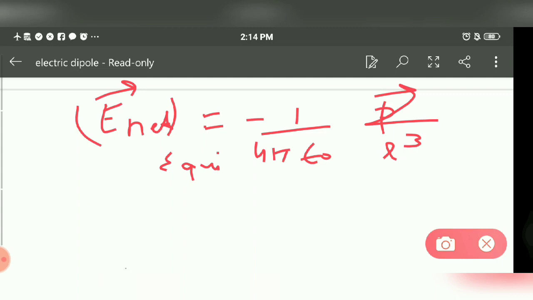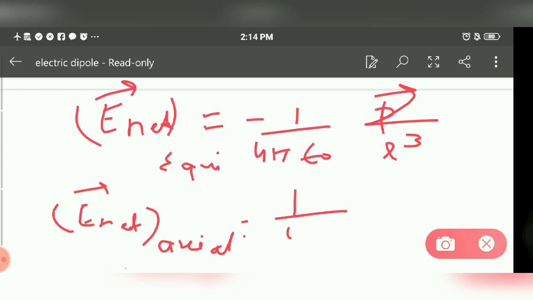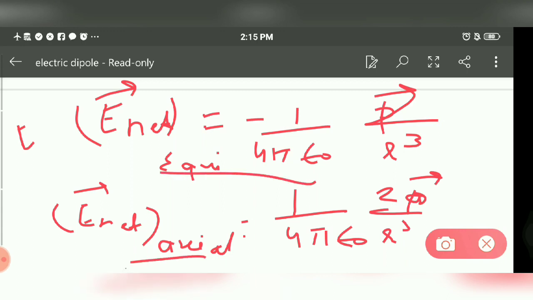And if we recall for the axial, it was 1 by 4 pi epsilon naught, 2P vector upon r cube. So if we take the ratio of E axial to E equatorial, everything else is going to be cancelled.